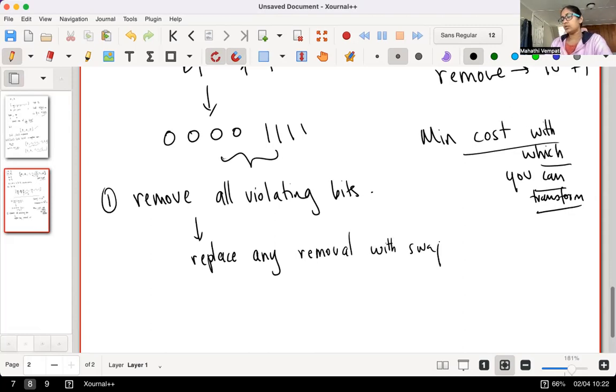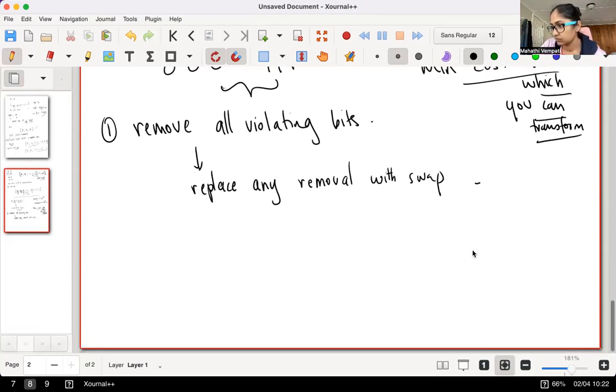Is it true that both a swap and a removal will only get rid of one violating bit at most? I think that's a fair claim. 1, 0, 0, 1, 1, 0, 1. Violating bit, this.